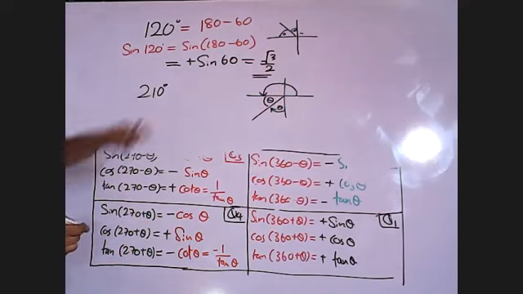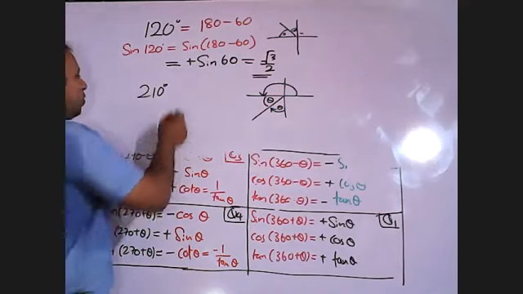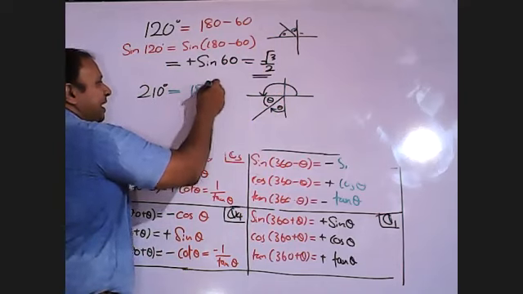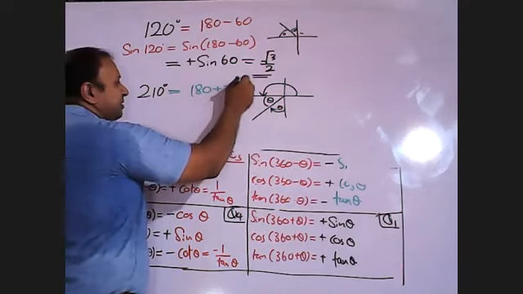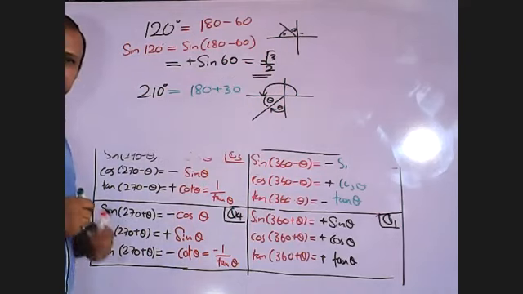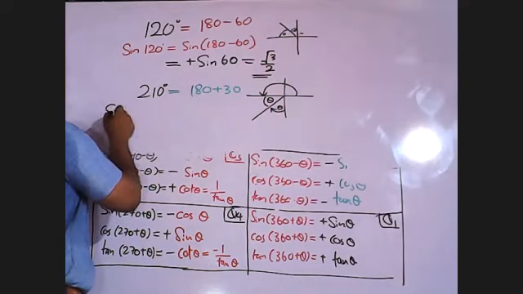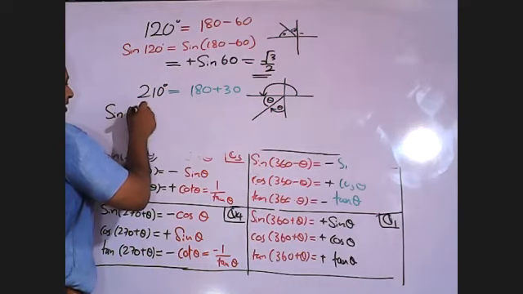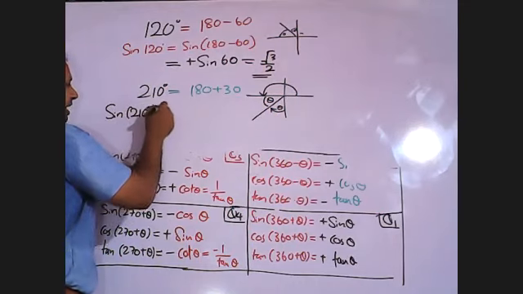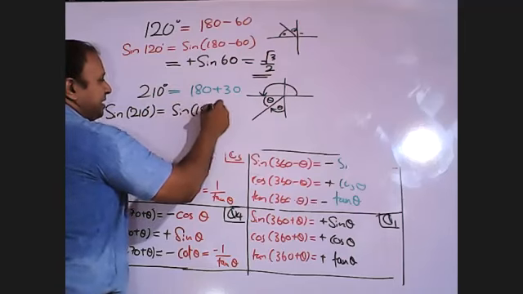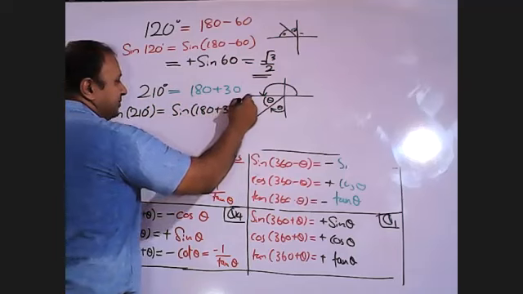Then look at this, 210. 210 can be written as 180 plus 30. Therefore, sine 210 can be written as sine of 180 plus 30.